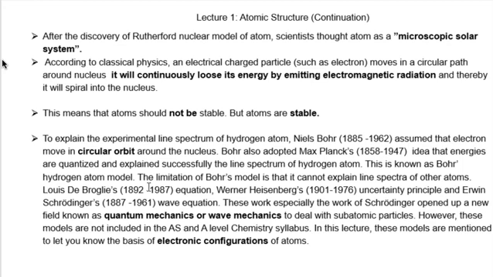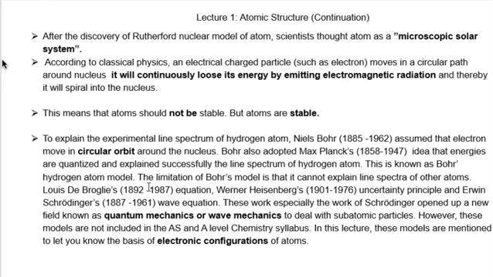Then we continued with different scientific developments, and these developments are not in the syllabus of AS and A-level chemistry. However, if we want to continue with electronic configuration, we should have an idea about this.